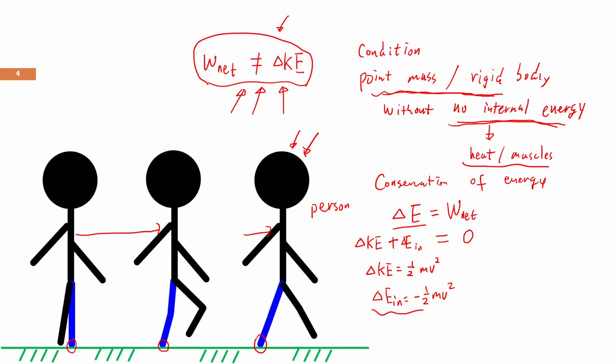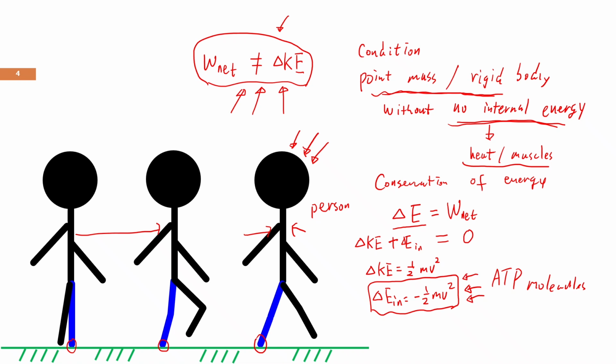In other words, the internal energy of the person is decreasing, which makes sense because whenever you are walking, you clearly consume your internal energy. And this internal energy is consumed mainly by using your ATP molecules. That's why whenever we are walking, after a while, we feel tired or hungry.